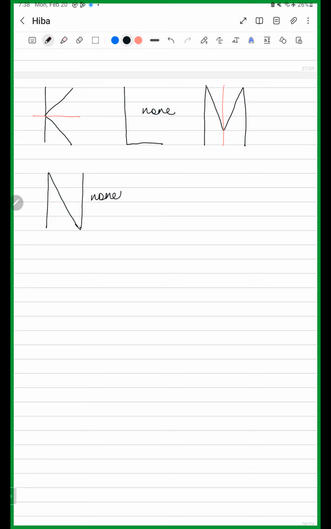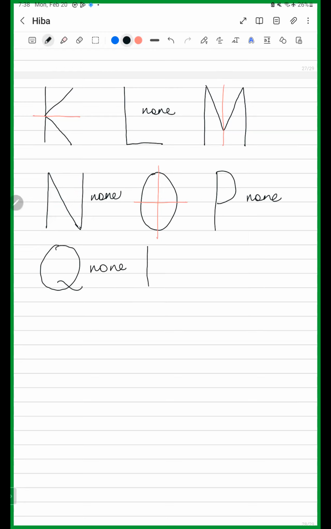Okay. O is horizontal and vertical. So both. Very good. Both. Next. P is none. Okay, next Q. Q is also none. None. R. R is none. None.